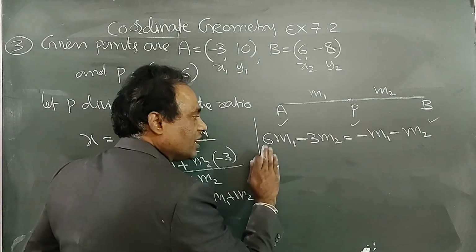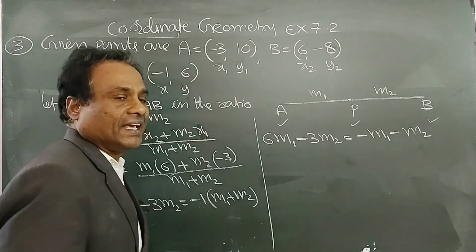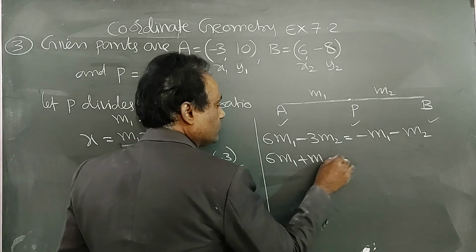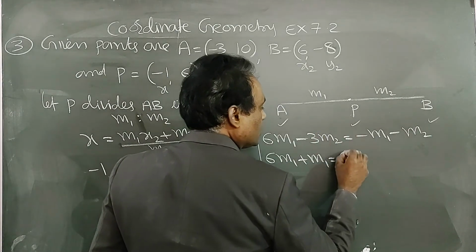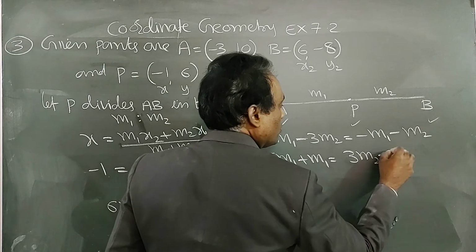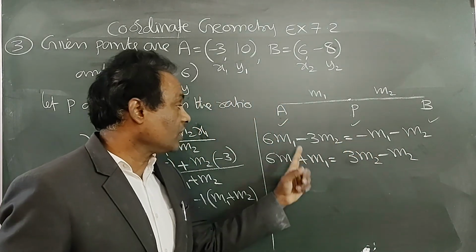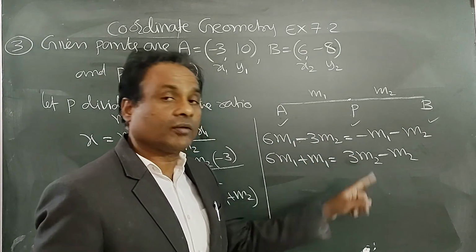All m1's on the left side, m2's on the right side. 6m1 plus m1, minus 3m2 that side plus 3m2, minus m2. Minus m1 this side plus m1, minus 3m2 that side plus 3m2.